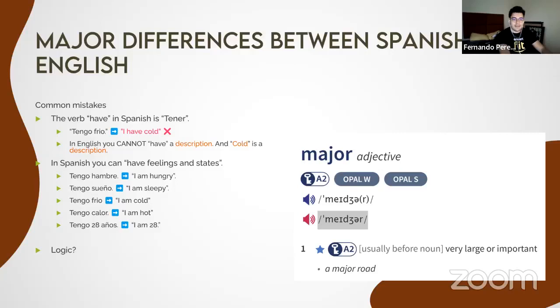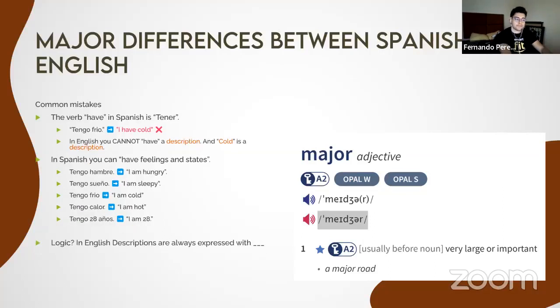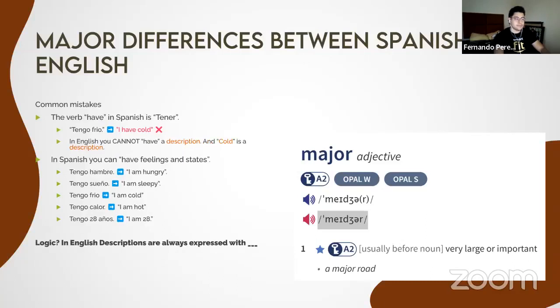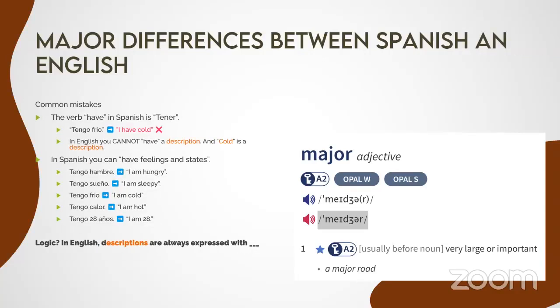In this case, the logic is that in English, descriptions are always expressed with verb to be.